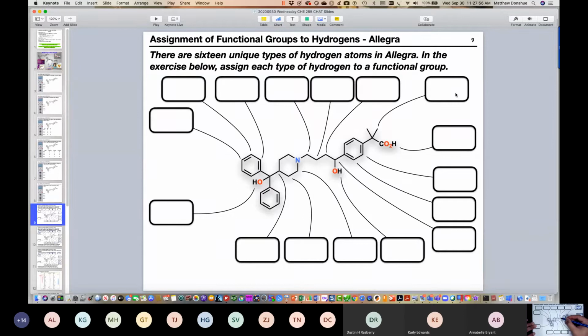So what about here? What functional group is this? Can't tell if there's been a response or not. So yeah, this is an alkane as well.